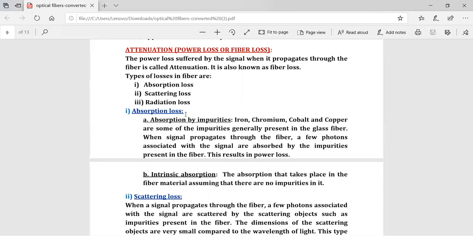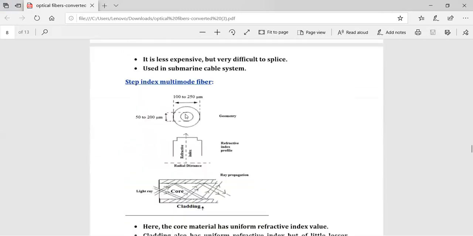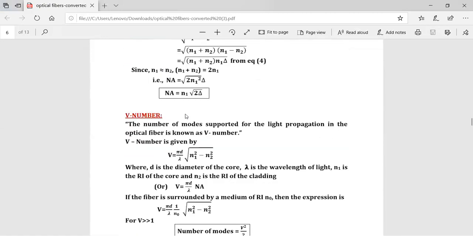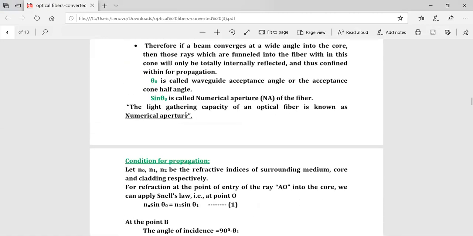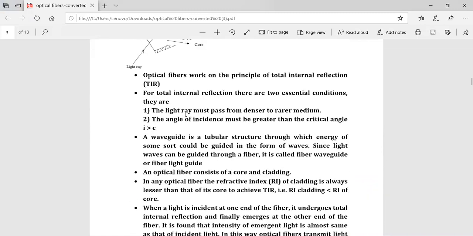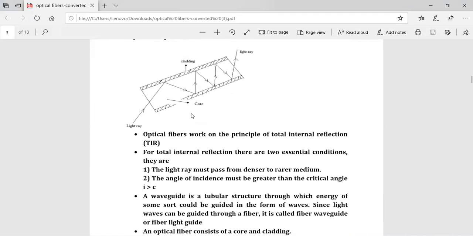As we know, I'll show you one diagram here. See the ray propagation diagram. This is an optical fiber, right? We know light consists of photons. As the light propagates inside an optical fiber, photons are traveling inside the fiber.